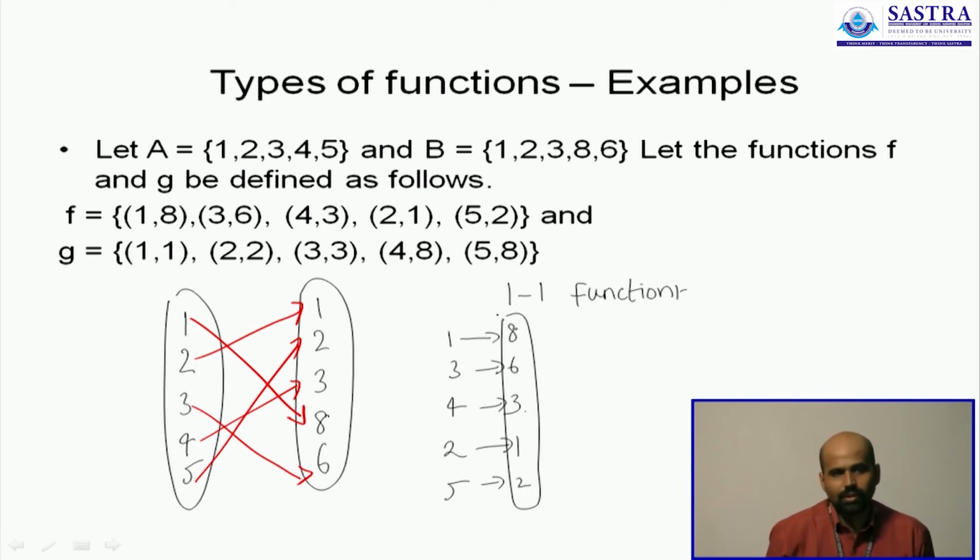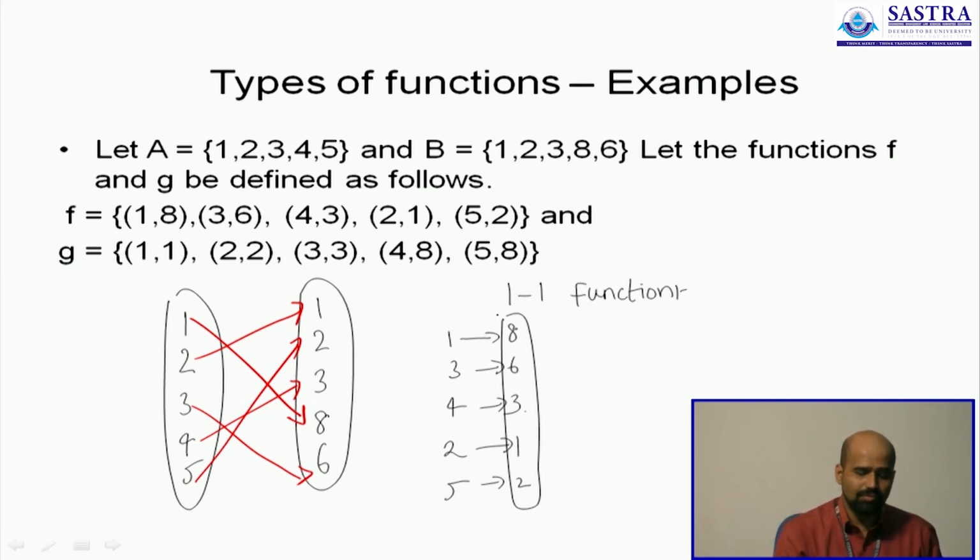Now can we call this an onto function? Now recall that a function has the extra status as an onto function if its range and the codomain are the same.